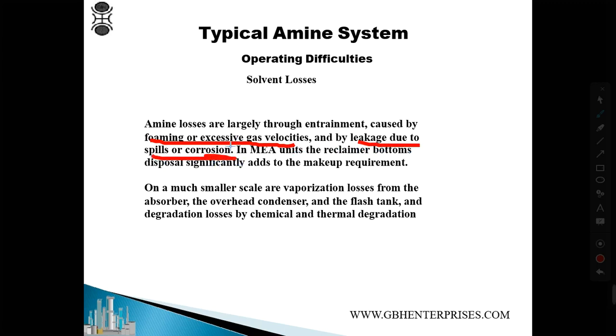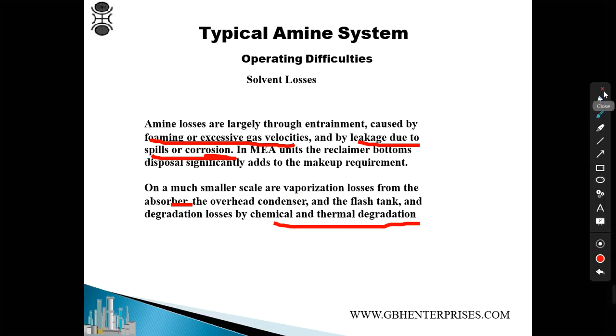These are the two main reasons amine losses can occur. On a much smaller scale, vaporization can happen also, in a condenser, flash tanks, and knockout drums, and this can also reduce the solvent. And sometimes thermal degradation can happen because of very high temperatures.